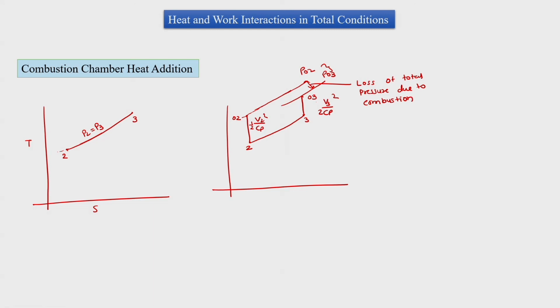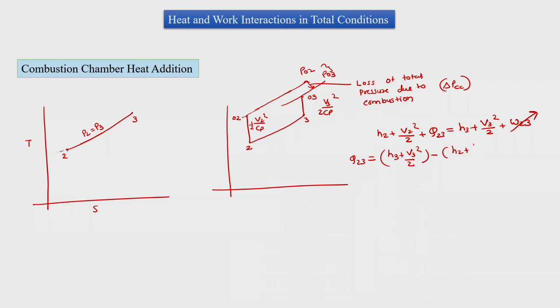So if we start writing the steady flow energy equation, then we can mention H2 plus V2 square by 2 plus Q23 is equal to H3 plus V3 square by 2 plus W23, but there is no work interaction in the heat exchanger. So we have Q23 is equal to H3 plus V3 square by 2 minus H2 plus V2 square by 2.